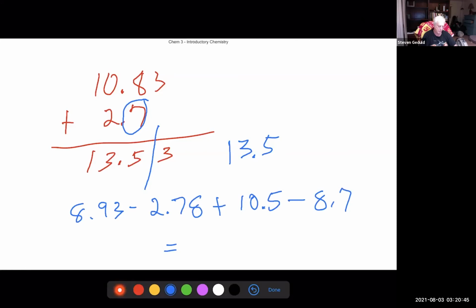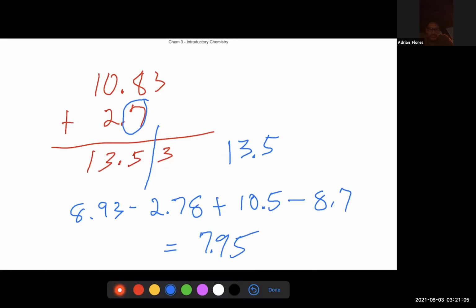Say we have 8.93 minus 2.78 plus 10.5 minus 8.7. And that comes out to 7.95 on the calculator. So what would your answer be?